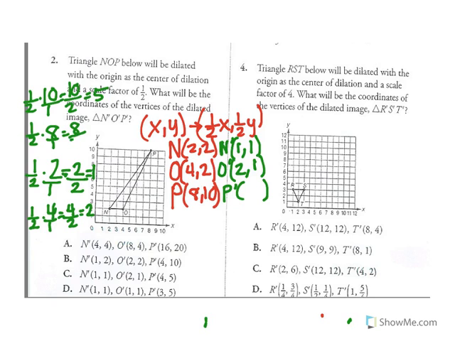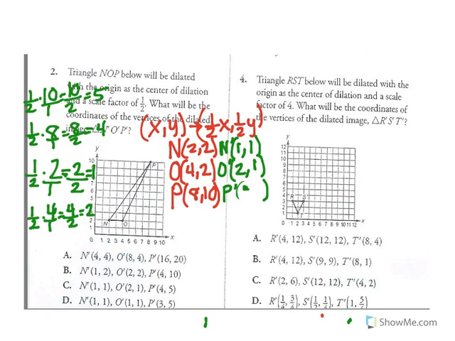So those are our new coordinates for P prime: 4 and 5. So we're going to find the best answer, which would be C.